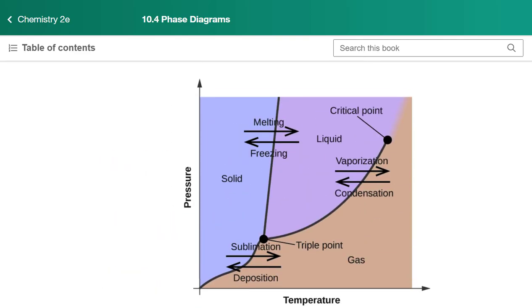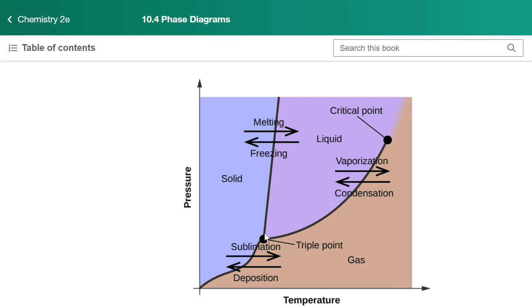Okay, so before we look at a specific example, one other thing I do want to mention here. We talked a little bit about the pressure, how we can change pressure to cause a change in the physical state in some cases. So let's talk about that a little bit more. For a gas, if you were to increase the pressure of a gas, you might form a liquid.